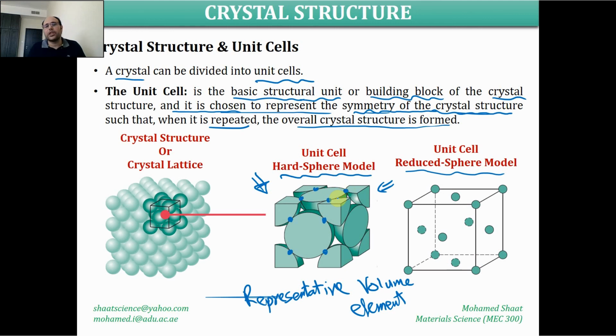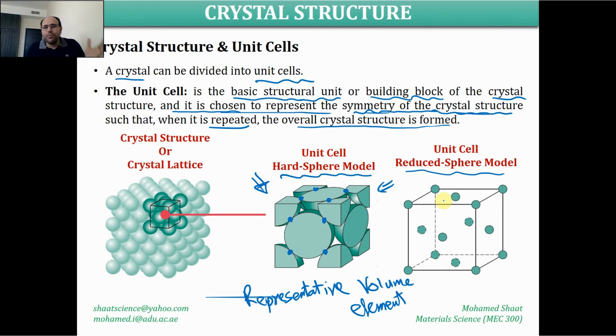This is something you should understand about the exact real structure of the unit cell, how atoms are allocated and defined inside it. All atoms, in reality, are tangent to each other. But it could be a little bit difficult to do calculations over the geometry for deriving the properties of this unit cell.